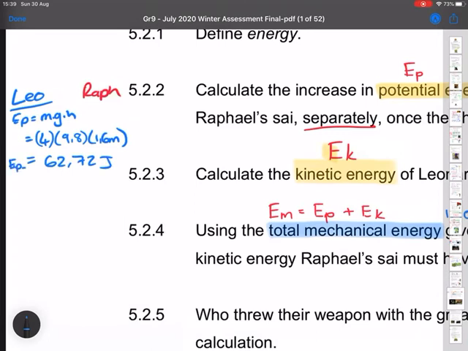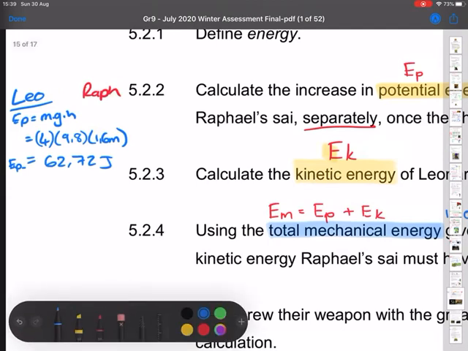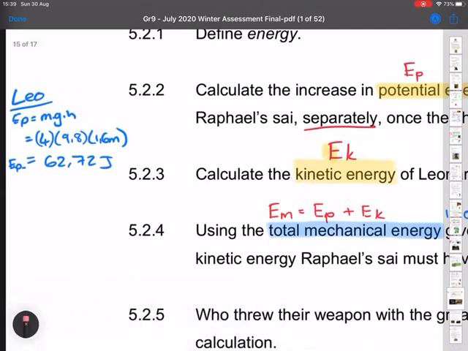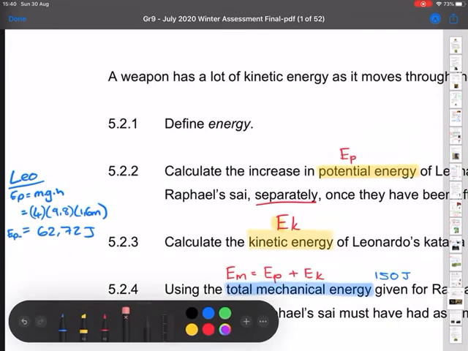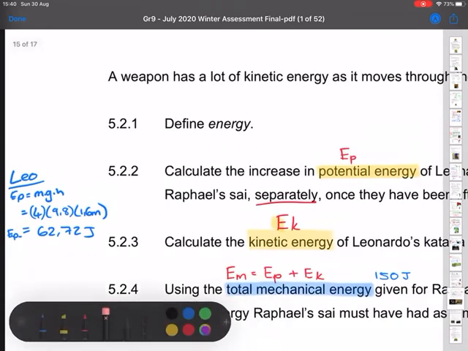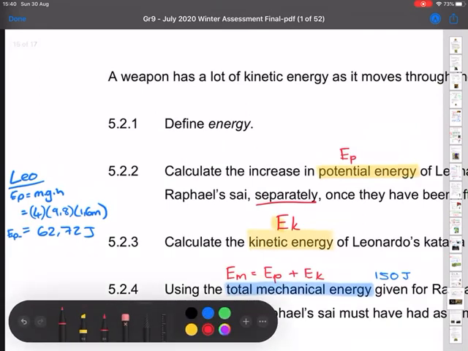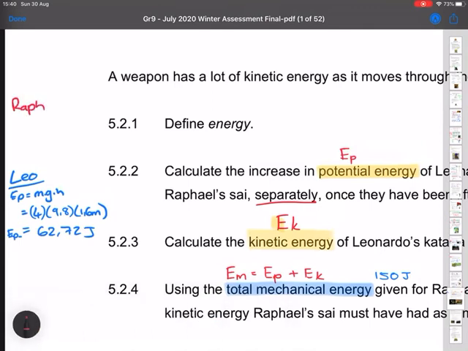And please label your work so that this is Leonardo's potential energy. Then we're going to do Raphael's. I don't have space to do it side by side, so I'm going to do Raphael above Leonardo. So there's Raphael. Again, you write down the formula again. Mass times gravity times height. His weapon was 3 kilograms.